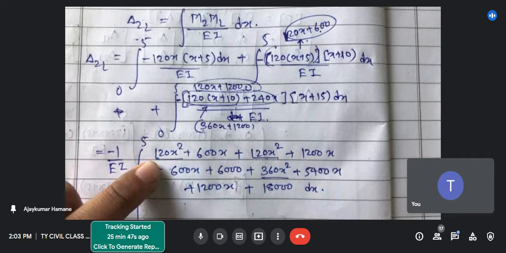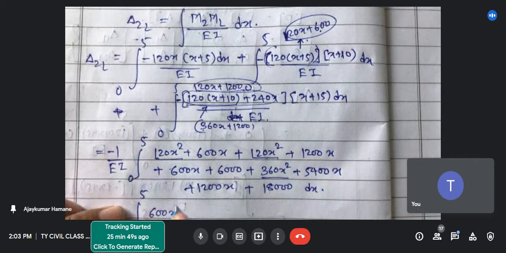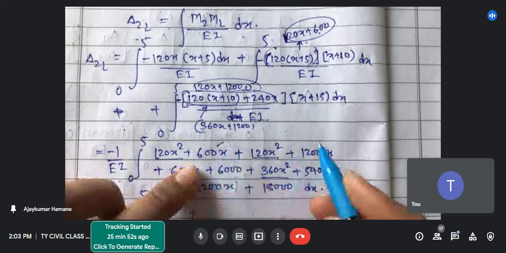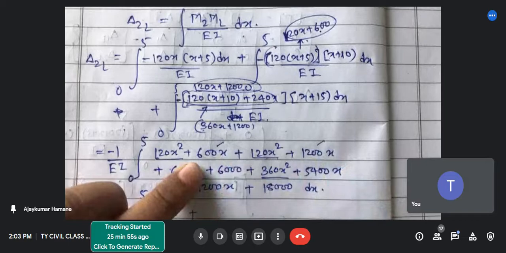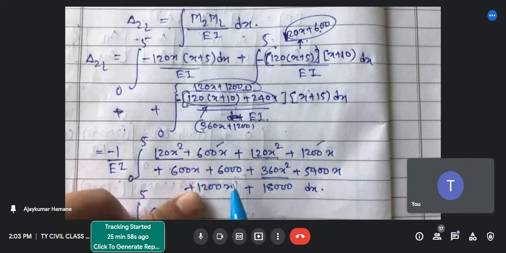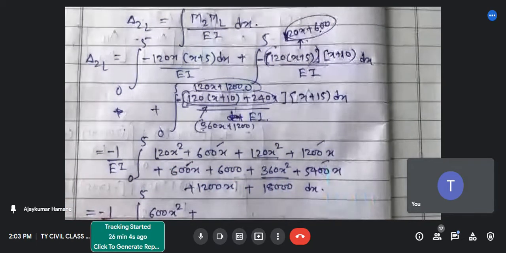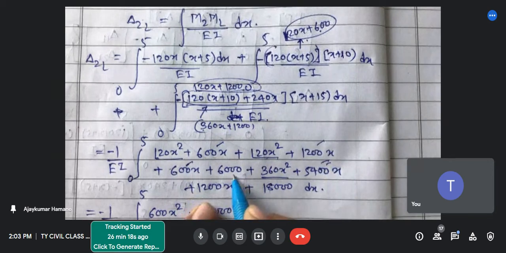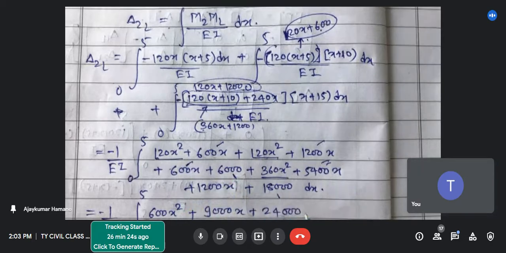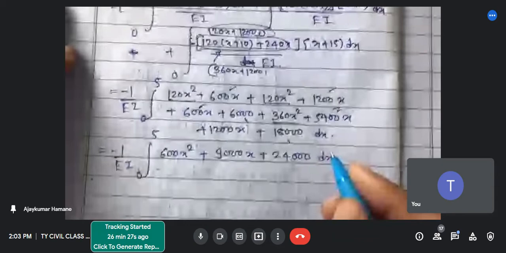120 plus 120 plus 360, 600x square plus 600 plus 1200 plus 600 plus 5400, plus 9000x plus 6000, 18,000, 24000 into dx.